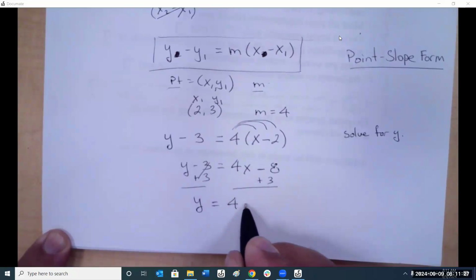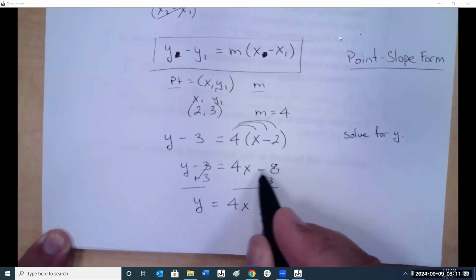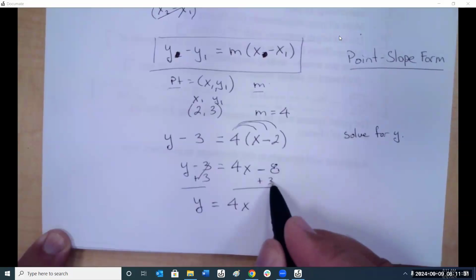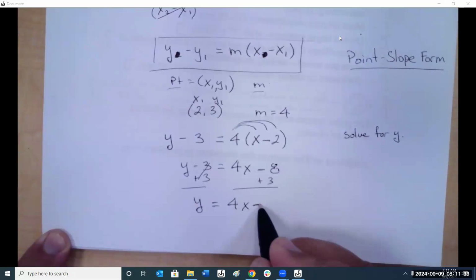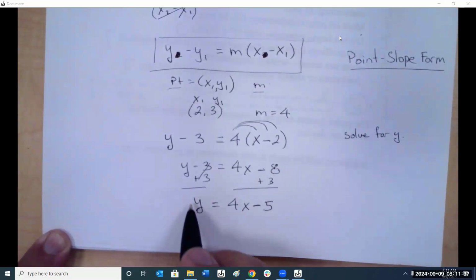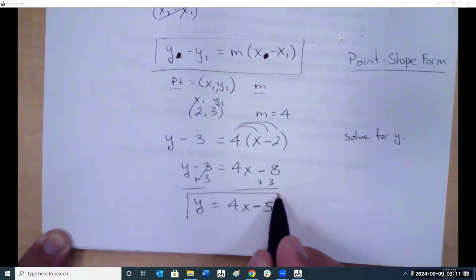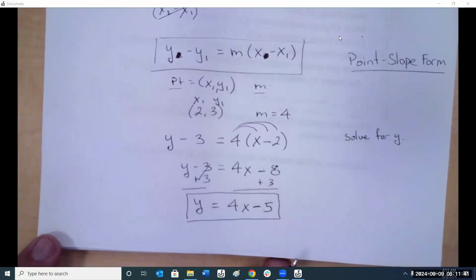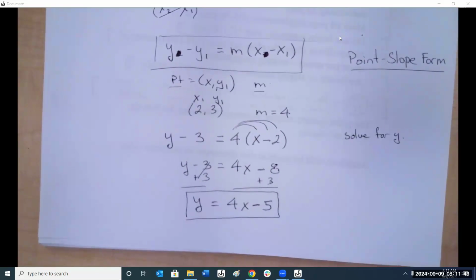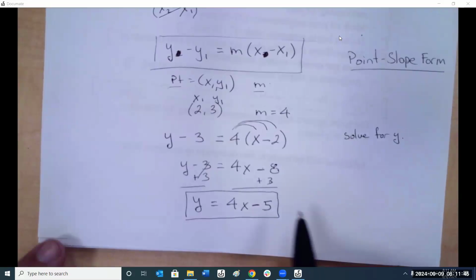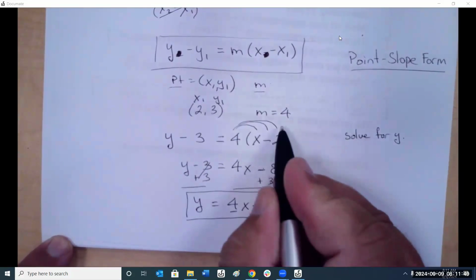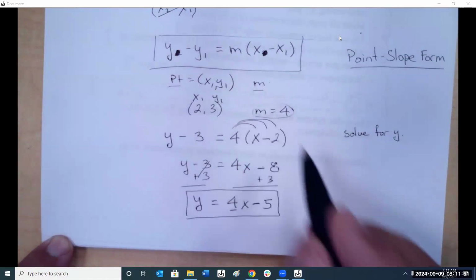Y equals 4x. Negative 8 plus 3. Since 8 is bigger than 3, it's negative. The answer is negative. 8 minus 3 is 5. This is our second form. 4 is our slope.